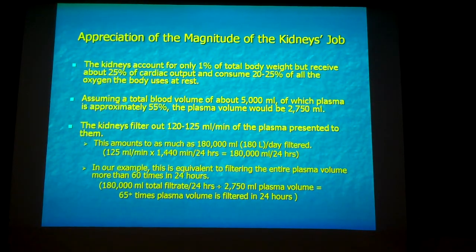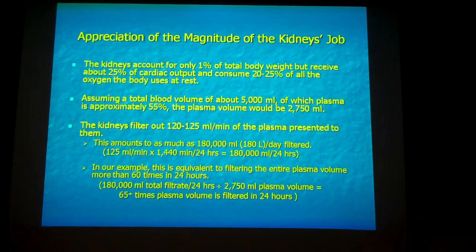Now, the kidneys filter at the rate of about 120 to 125 milliliters per minute. If you take that figure, 125 milliliters, and multiply it by the number of minutes in 24 hours, you'll get some idea in our example of how much filtrate the kidneys are producing in 24 hours. You see that?